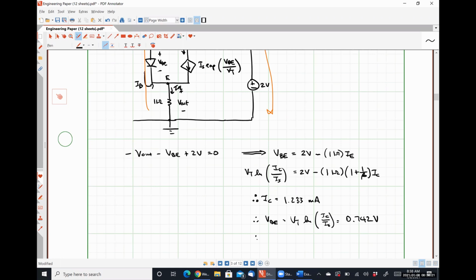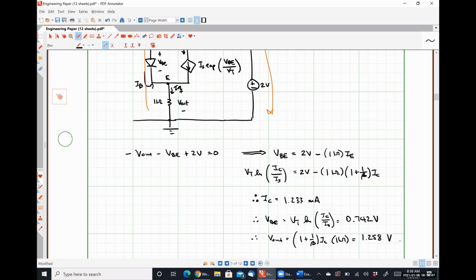And lastly, we have V out, which is 1 plus 1 over beta IC times 1 kiloohm, and I got 1.258 volts.